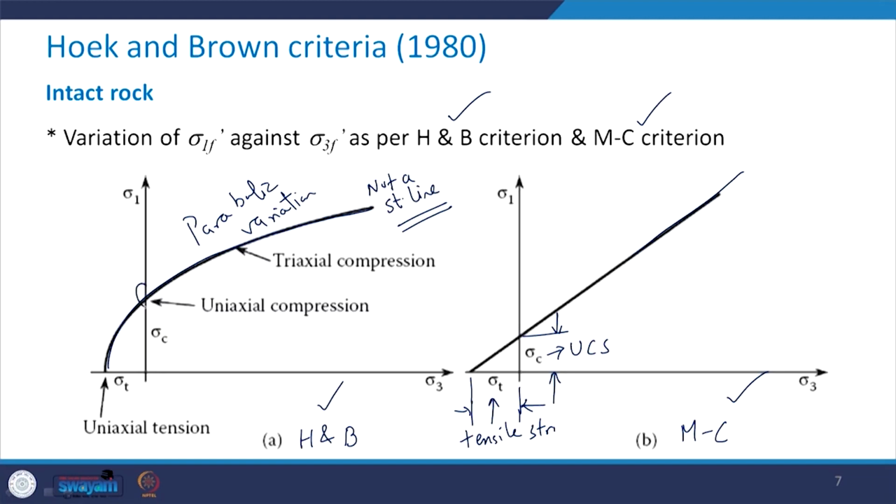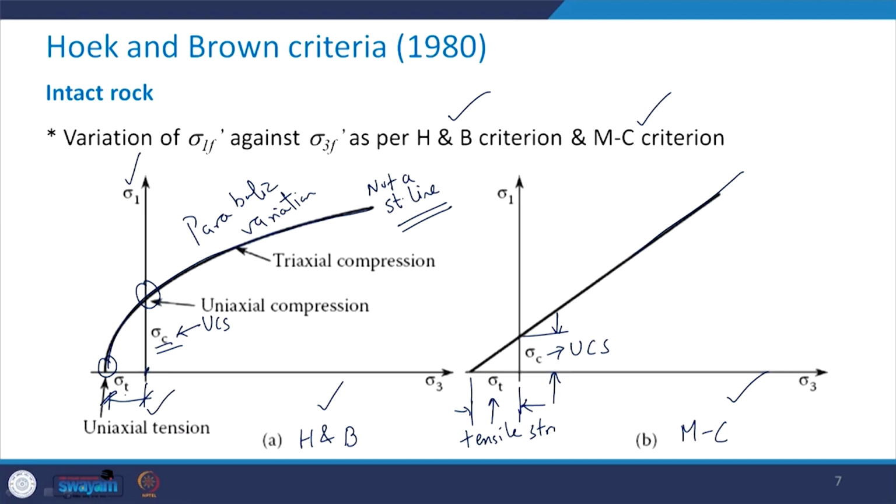This point corresponds to the uniaxial compression, because here sigma 3 is equal to 0. So, whatever is the value of sigma 1, that is going to give you the UCS, which is sigma c, and this point corresponds to the results for the uniaxial tension. This sigma t is going to give us the tensile strength under uniaxial tension.